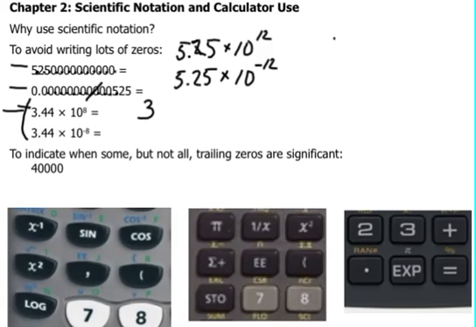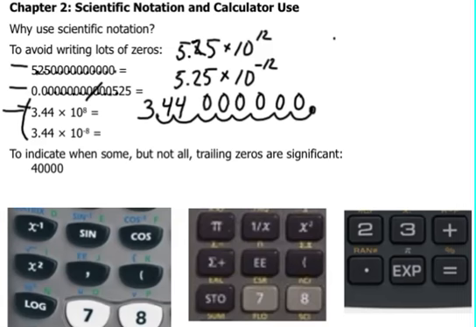So you have 3.44, and you're going to start here, but it's going to go 1, 2, 3, 4, 5, 6, 7, 8, and your decimal point is going to end up there. So then we fill in the zeros.